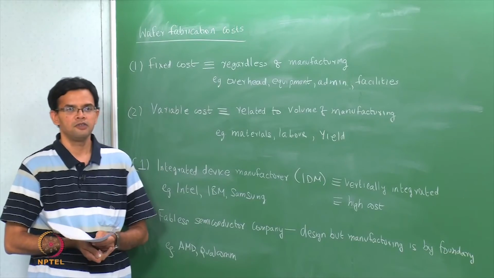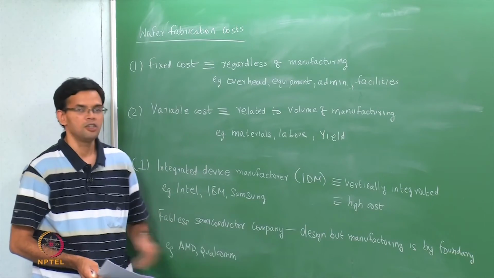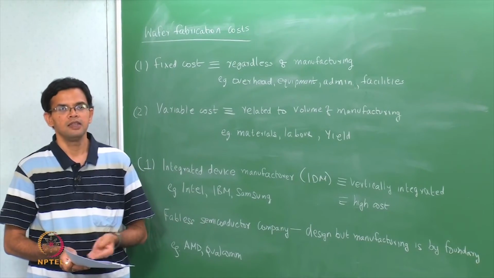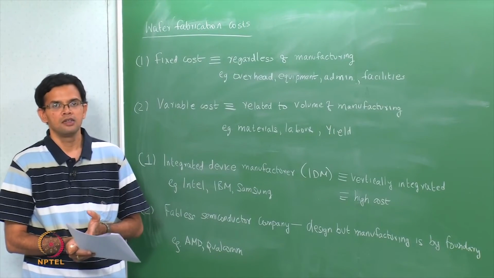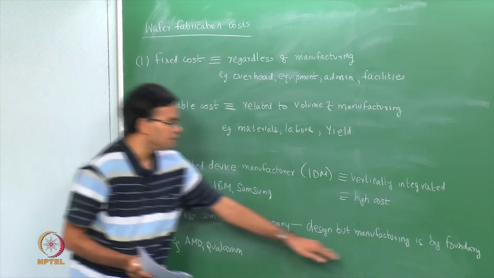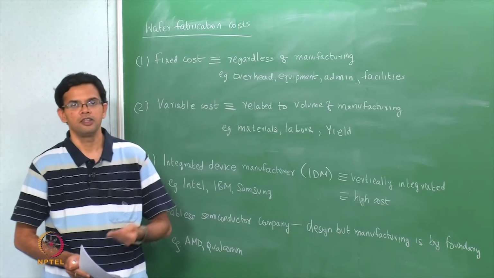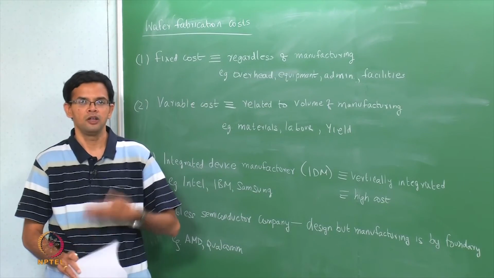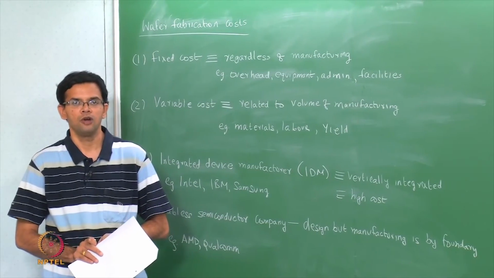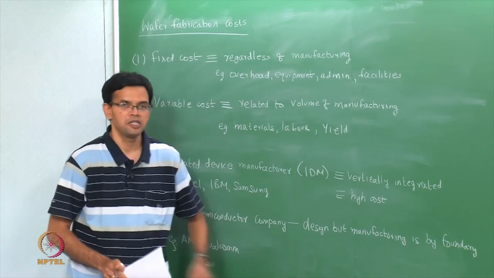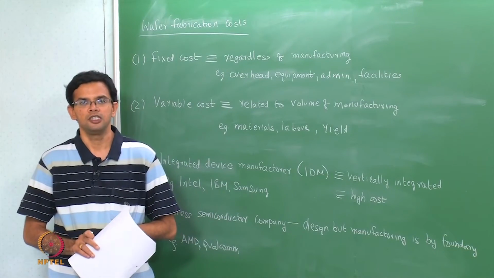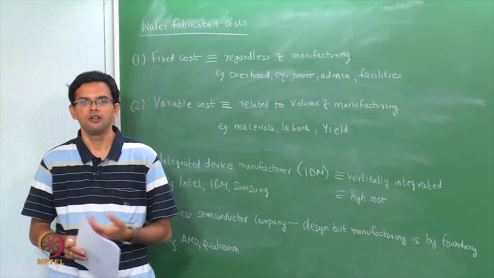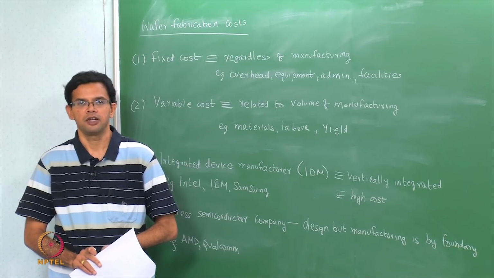So, the advantage of these companies is that the cost is lower, but then the disadvantage is their process is basically defined by the foundry or the technology of the foundry to which they essentially outsource the job. So, if the foundry is based on a 32 nanometer technology, the final product will also be based on a 32 nanometer technology.